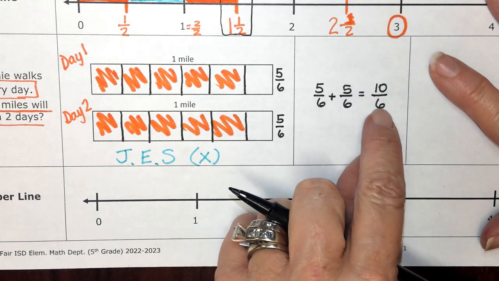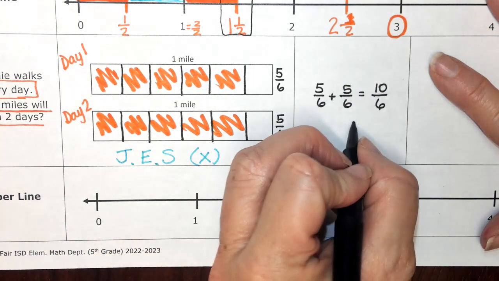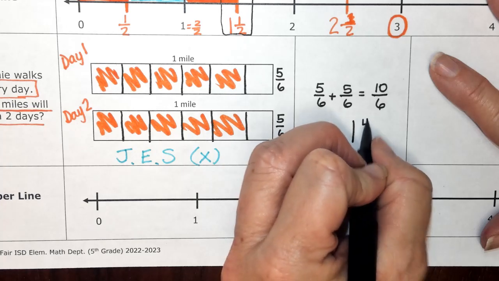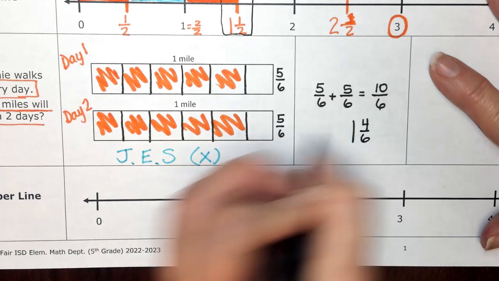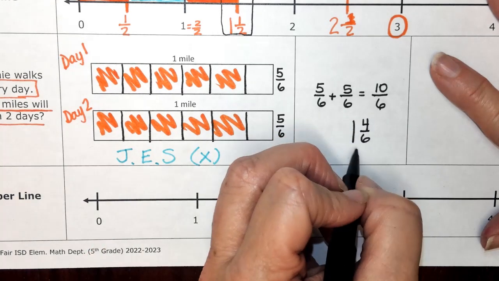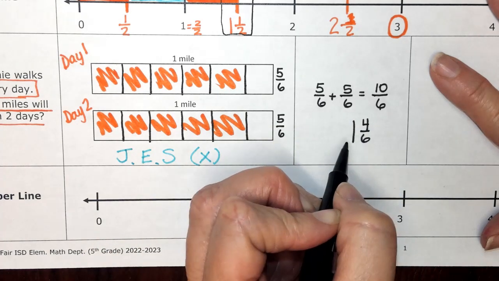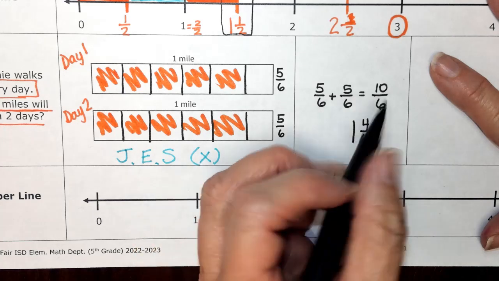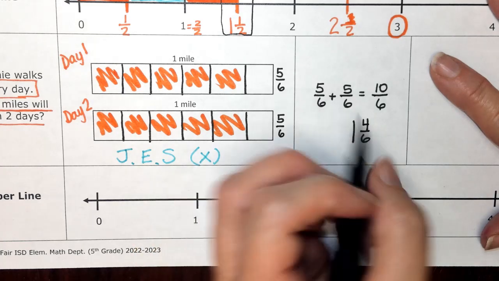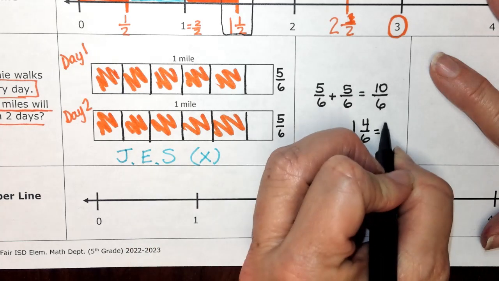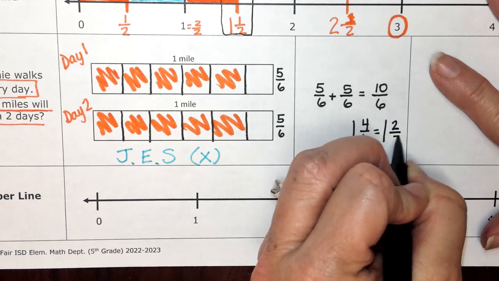And so how many groups of 6 can we get out of 10? We can get one whole group with 4/6 left over. And when I look at that again, I cannot leave that as a number that can be simplified, because 4 is even and so is 6. So another name for 4/6 is 2/3, making 1 2/3.